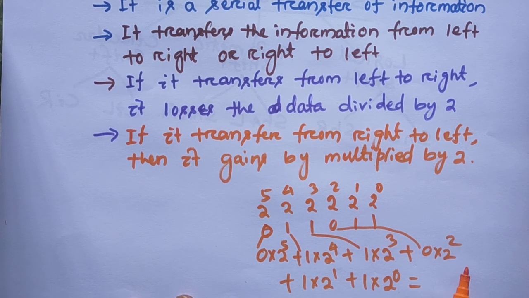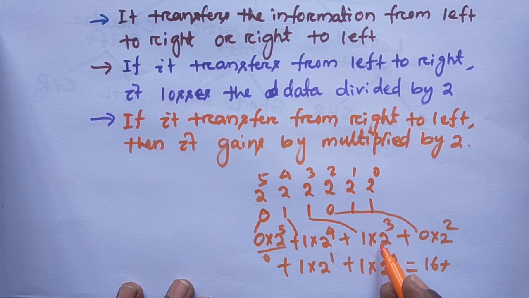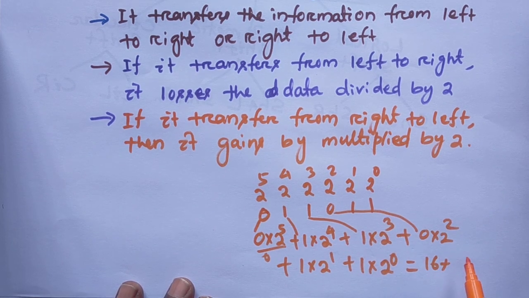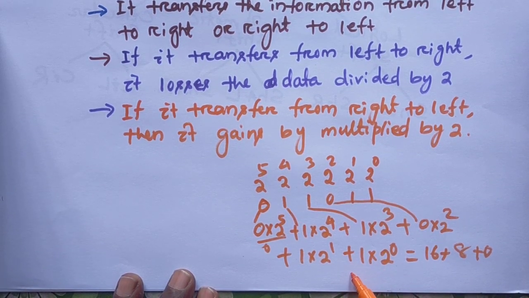So what is the decimal number of this? Here it is 0, very simple. 2 to the power 4 means 16. 2 to the power 3 means 8. Here it will be 0, here it will be 0. Next, 1 into 2 to the 1 is 2, plus 2 to the 0 means 1.